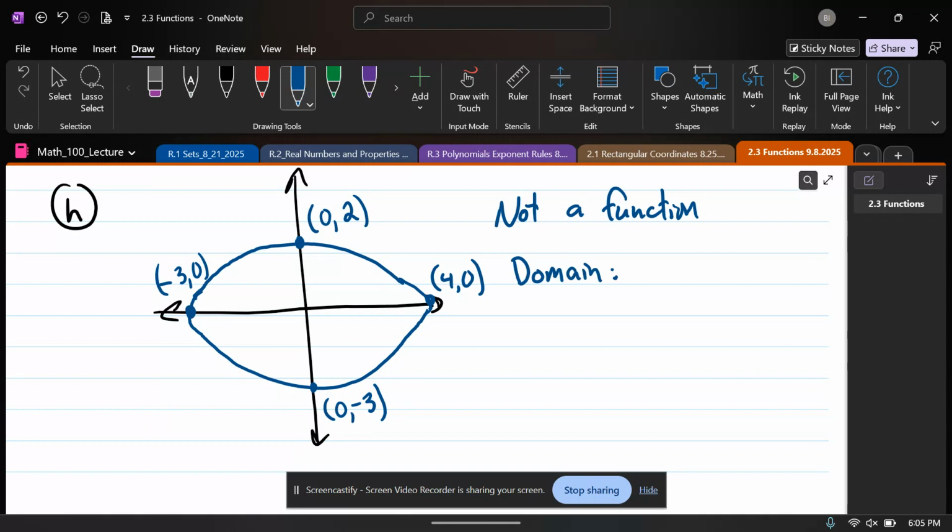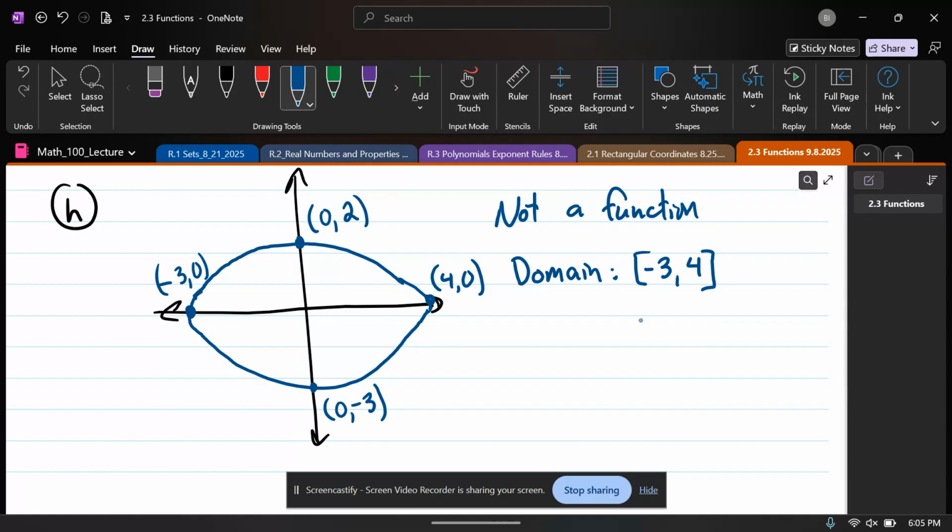Where do our x values go here? What's the lowest x value or the leftmost x value? -3. Where's the rightmost x value? +4. It goes from -3 to 4.